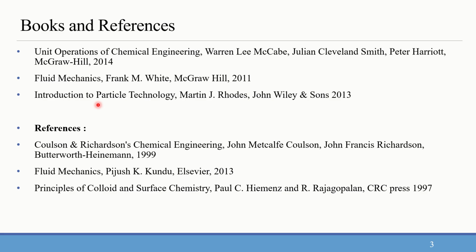But mainly, if you are focusing on Unit Operations of Chemical Engineering by McCabe and Smith, it will give you a very good understanding of all the concepts, and it will help you if you are an undergrad preparing for your interviews. It is a very good book as per my view. Lastly, you have Transport Phenomena by Bird, Stewart and Lightfoot.